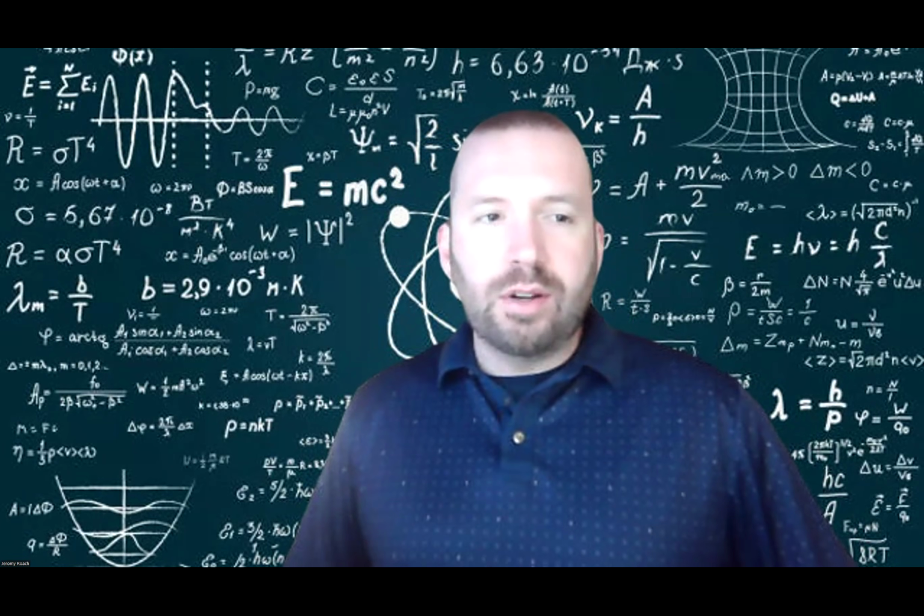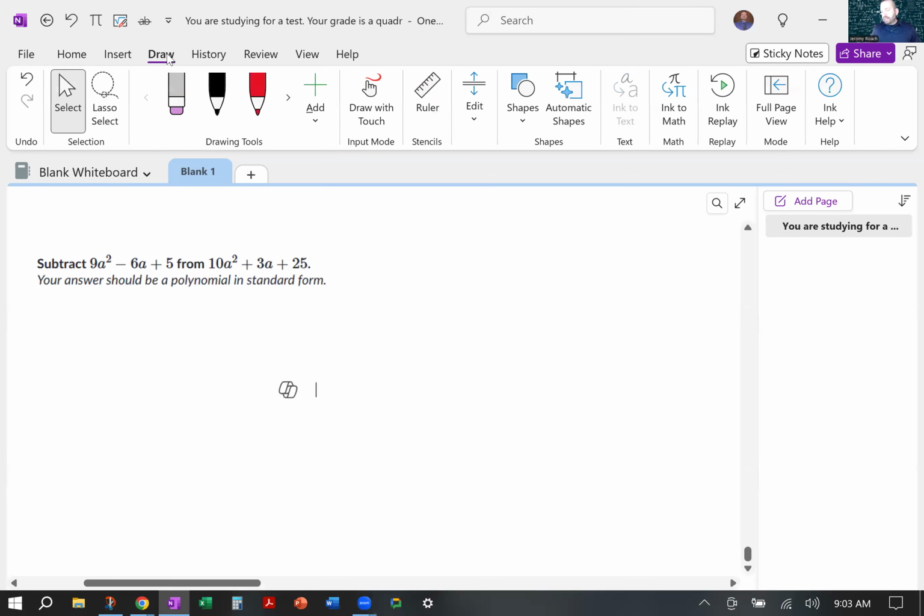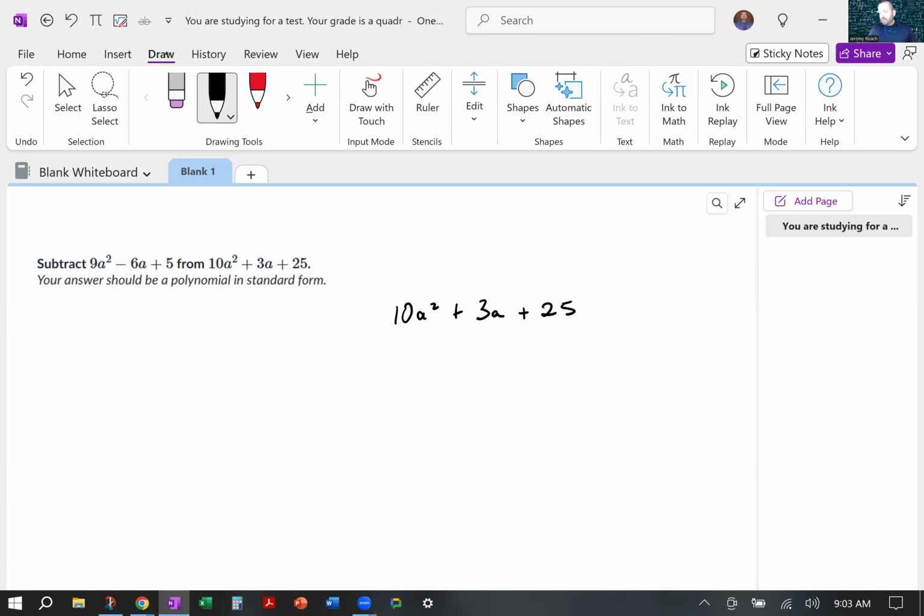I'm going to share my screen here and we'll look at the first question together. It says subtract 9a squared minus 6a plus 5 from 10a squared plus 3a plus 25. So we're going to start with the 10a squared plus 3a plus 25, and then we're going to subtract this from that.